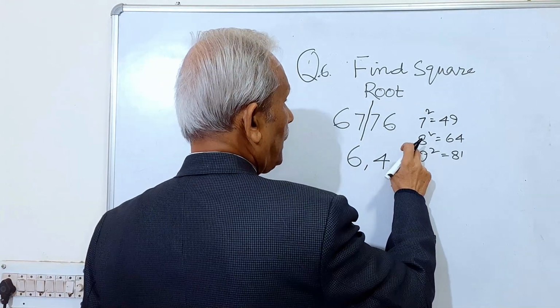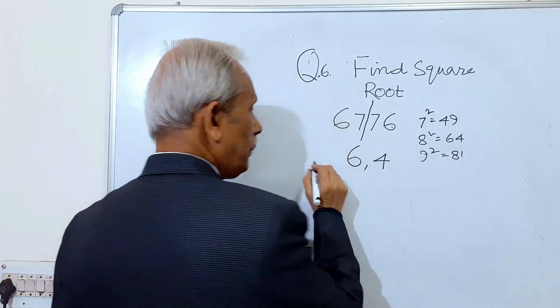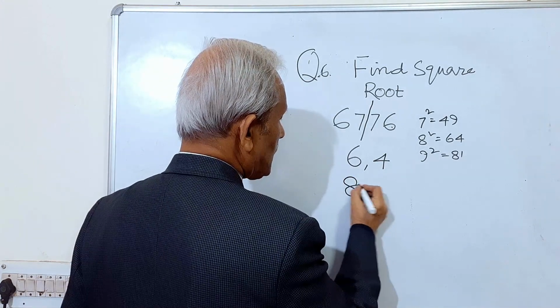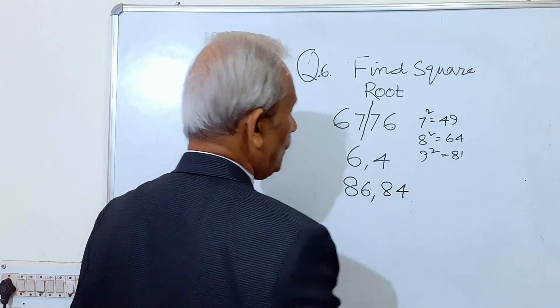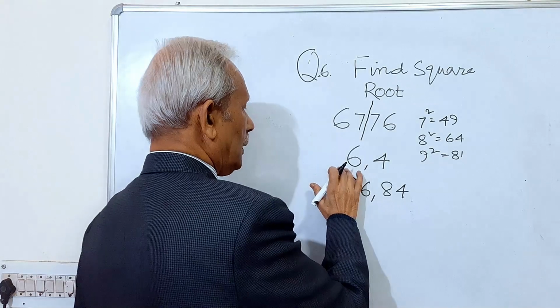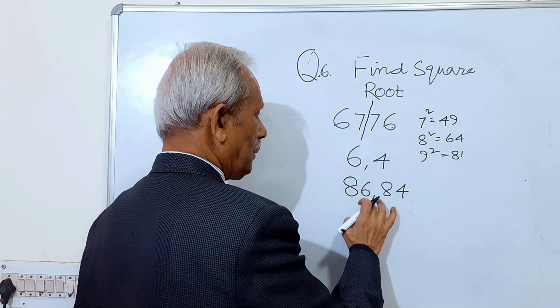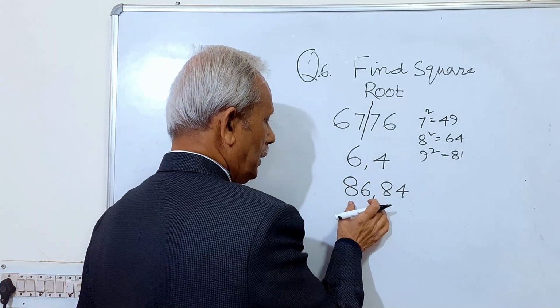So it can be 8 in the tens place. Means the square root should be 86 or 84. Since the number in the ones place should be 6 or 4, and the number in the tens place should be 8, it can be 86 or 84.